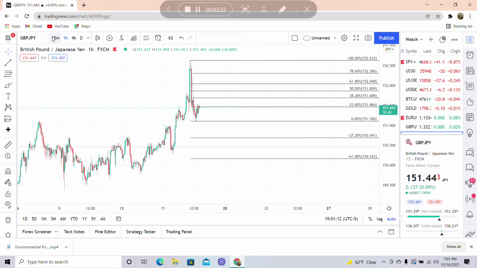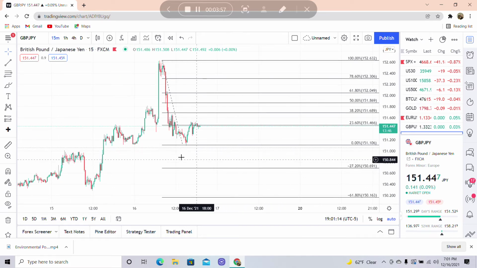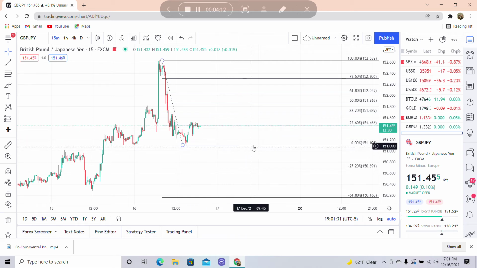So let's look at the 15-minute chart. Basically what we're seeing on the 15-minute chart is that price has not broken this area right here. So this zone seems to be holding up pretty good, which means price may be looking to continue downward for however long.